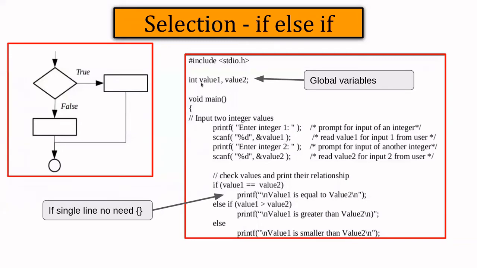The other thing is the global variable. Up to this point, we declared variables after the main. Here, void means the return value is void. The main function starts here, and these variables are declared above the main function.